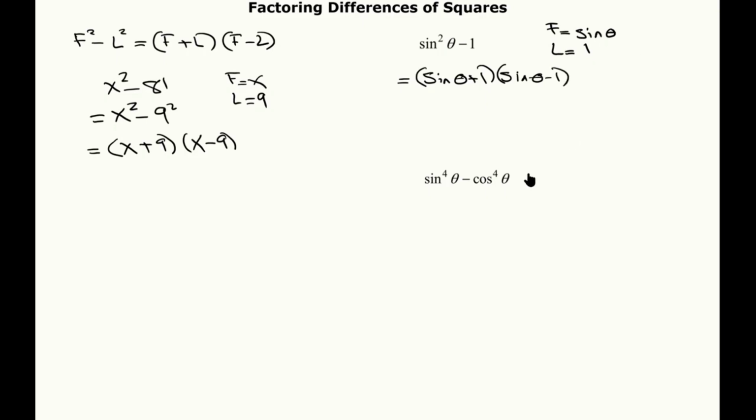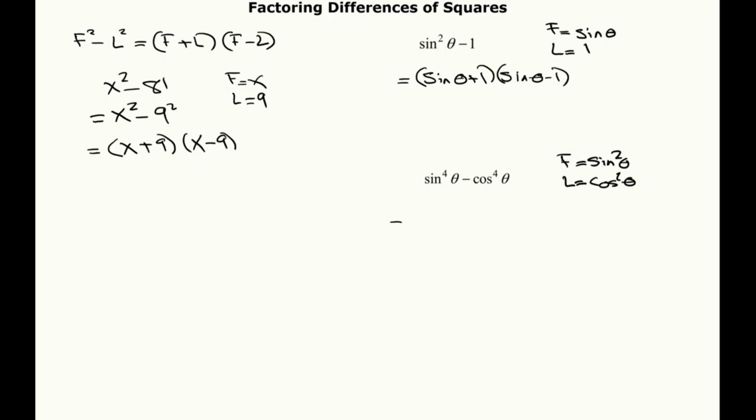And we can also apply it to a more complex situation like this. Notice that those are perfect squares. The expression that needs to be squared to give us sine to the fourth theta is sine squared theta. So in this first round of factoring, f equals sine squared theta, and what needs to get squared to give us cosine to the fourth theta is cosine squared theta.